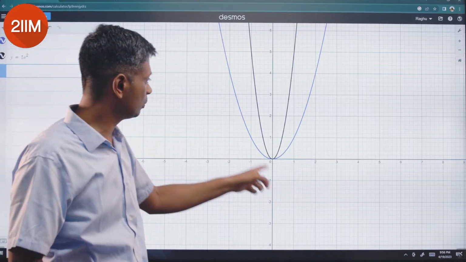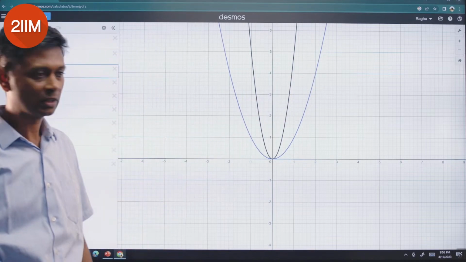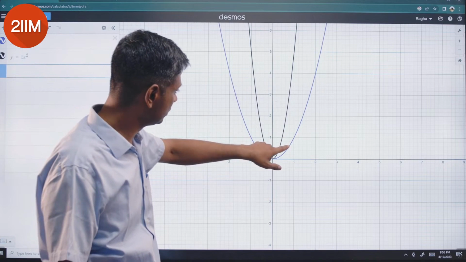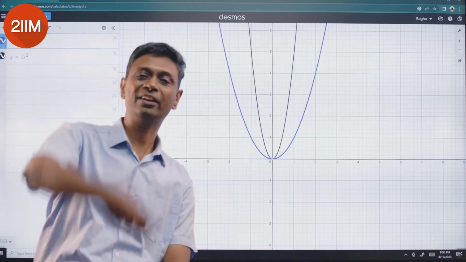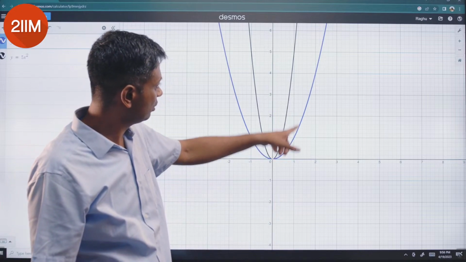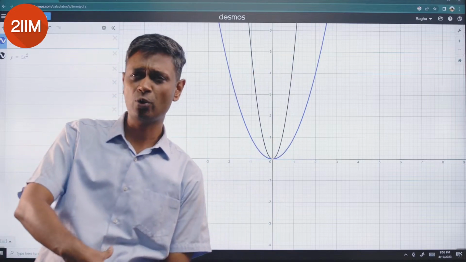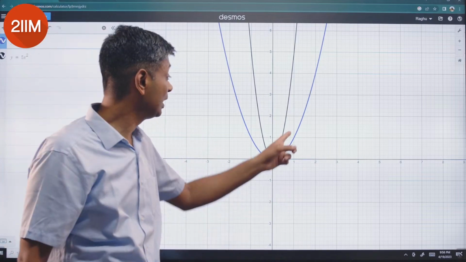This is y equal to x square. This is y equal to 5x square. At each point, instead of 1, it will be 5. The y value has higher magnitude. So it just gets more power at each point.